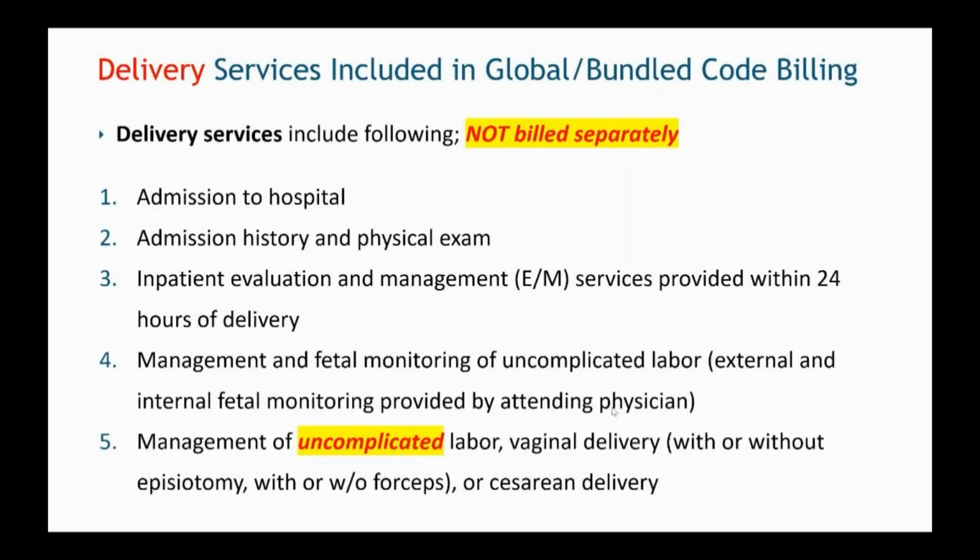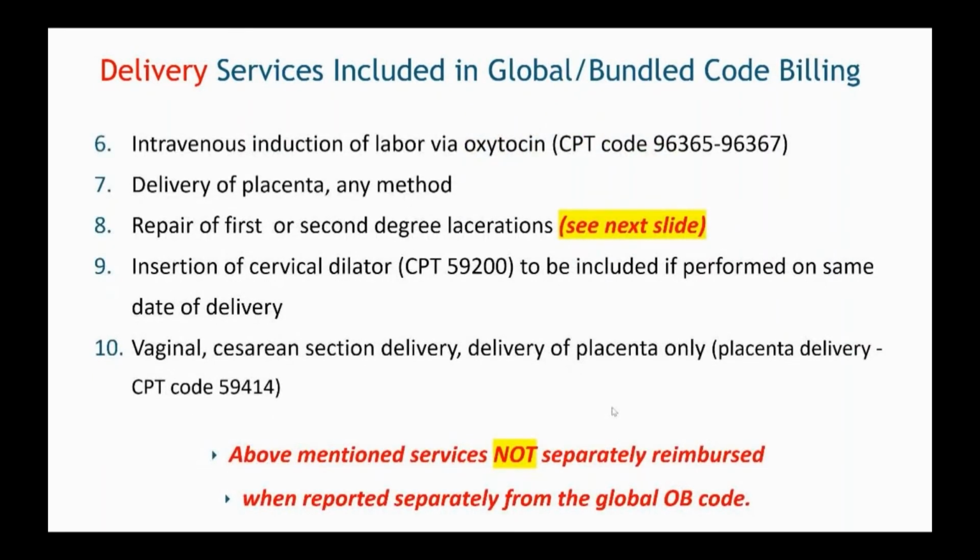And number 5, management of uncomplicated labor, vaginal delivery with or without episiotomy, and with or without forceps or cesarean delivery. It also includes intravenous induction of labor via oxytocin. Even though I've got CPT codes there, you don't use those because this is included in the global bundled code.